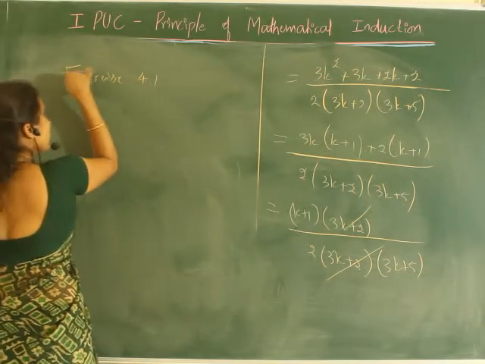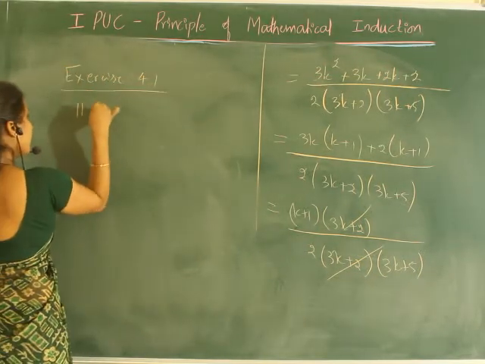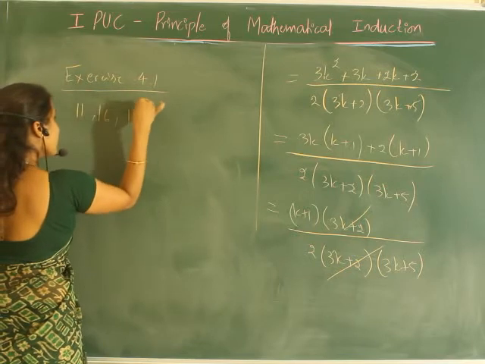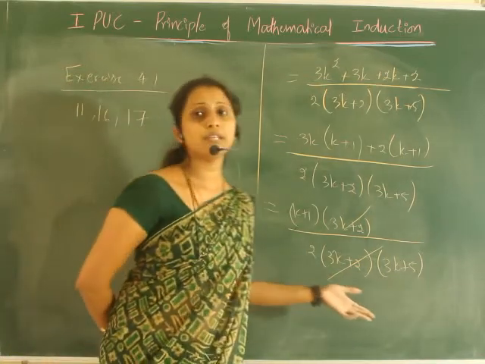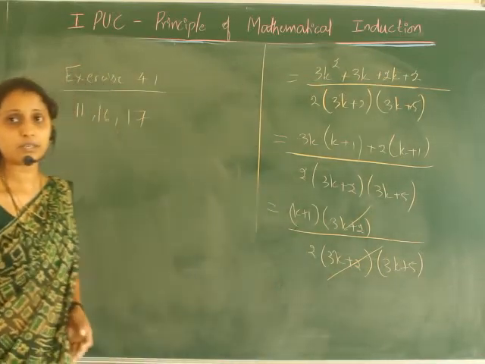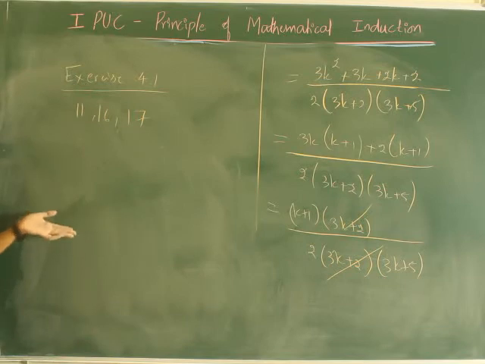This is the same kind of problem. Try to convert it into the k plus 1 form. If it is given in terms of k, you have to convert it into k plus 1. Some other problems are also there.